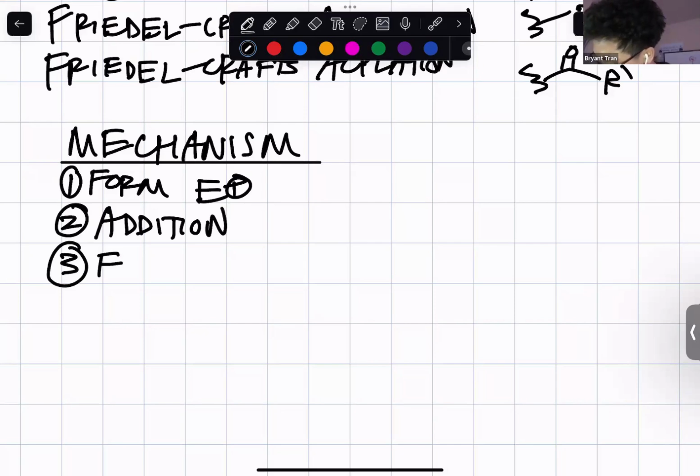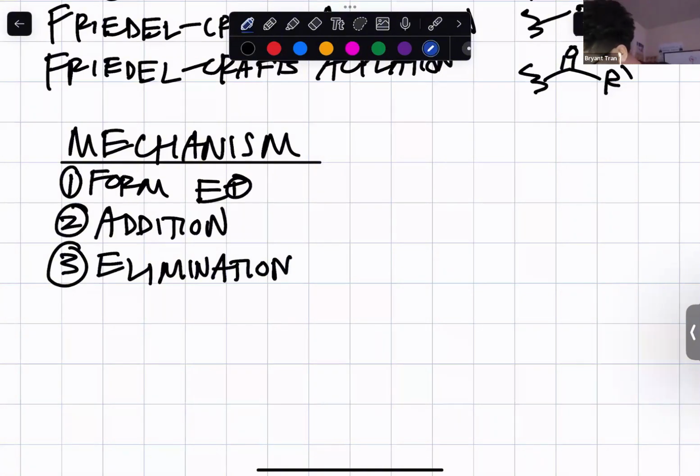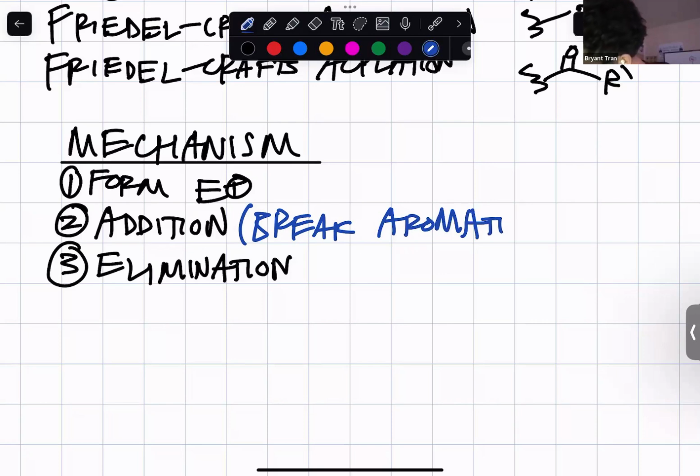Third step, elimination. You could think of it as addition would break the aromaticity, and elimination would reform the aromaticity.